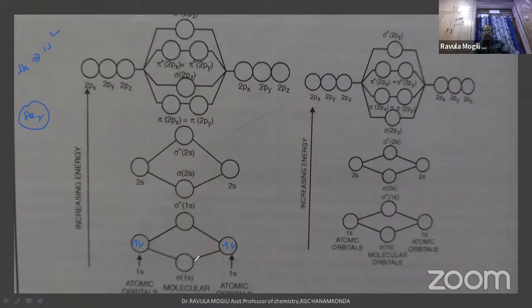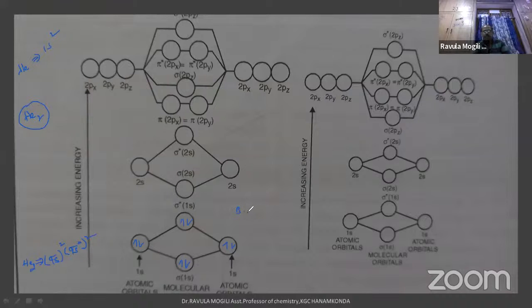The first 2 electrons enter the bonding orbital and the other 2 enter the anti-bonding orbital. So we write the He2 configuration as sigma 1s2, sigma star 1s2.